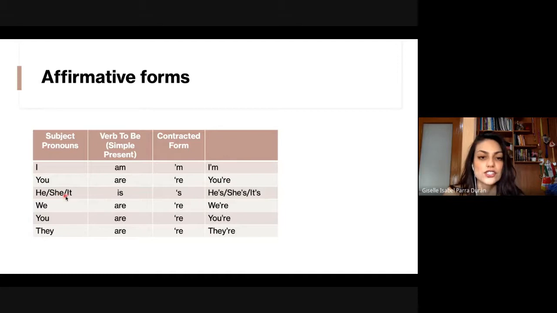For he, she, and it, the verb to be is is, and the contracted form is he's, she's, or it's. For we, the verb to be in the simple present is are, and the contracted form is we're. For you is are, and the contracted form is you're. And for they, the verb to be is also are, and the contracted form is they're. Okay.